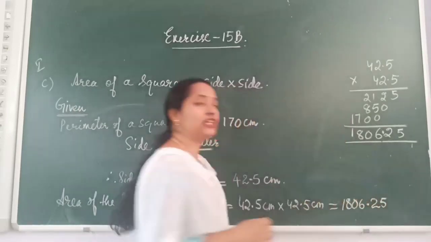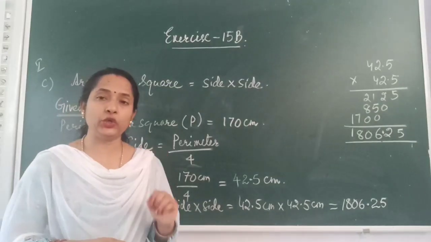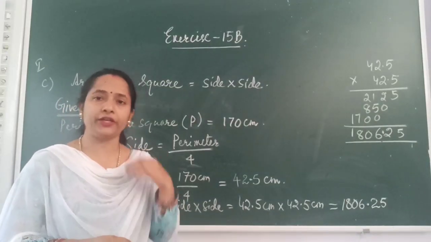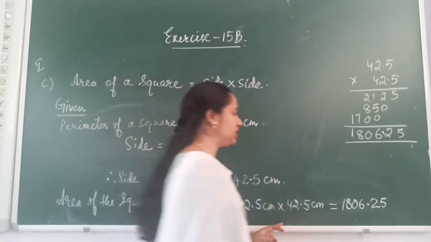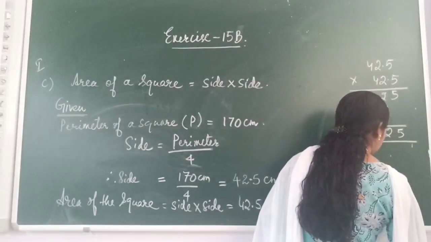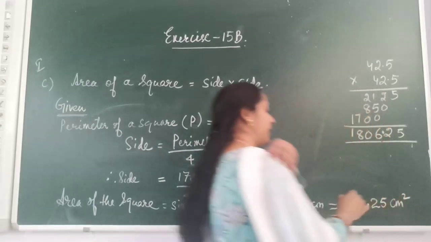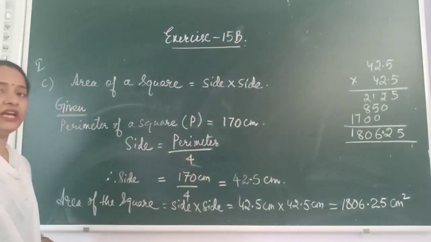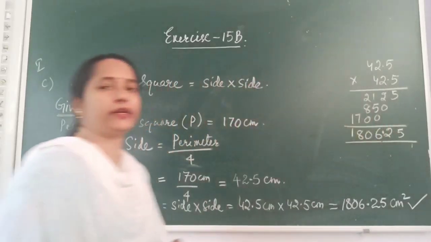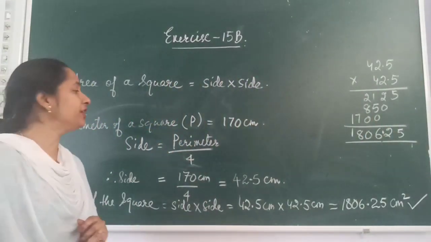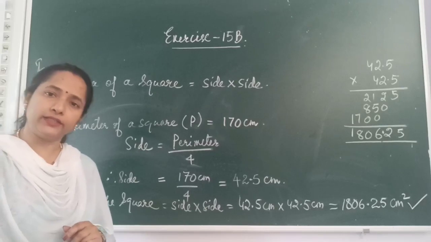And what will be the units? The units of area are always square units. Here we have centimeter multiplied by centimeter, so it will be square centimeter or centimeter square. This will be the area of your given square whose perimeter was given, and now you have found the area. Understood?